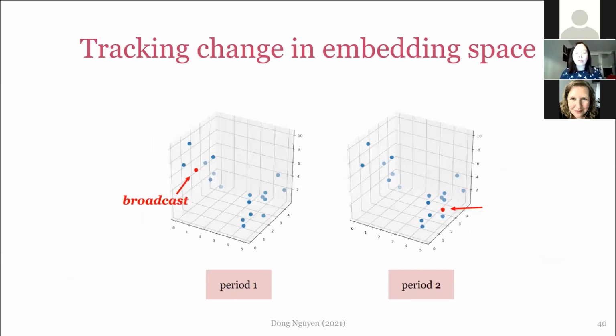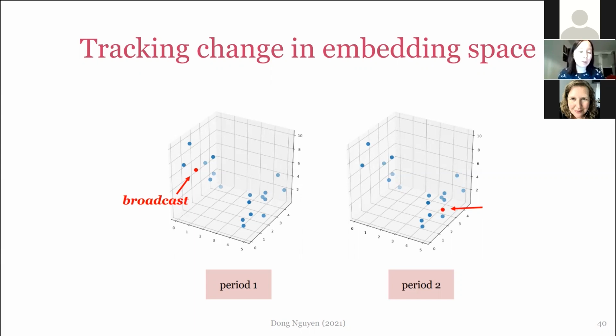So one way to automatically track how language is changing is using these word embeddings that I discussed. If you have data, like documents from different time periods, then what you can do is, for each time period, you train word embeddings. So here we just have 2 time periods, period 1 and period 2. And let's say we have the word broadcast.